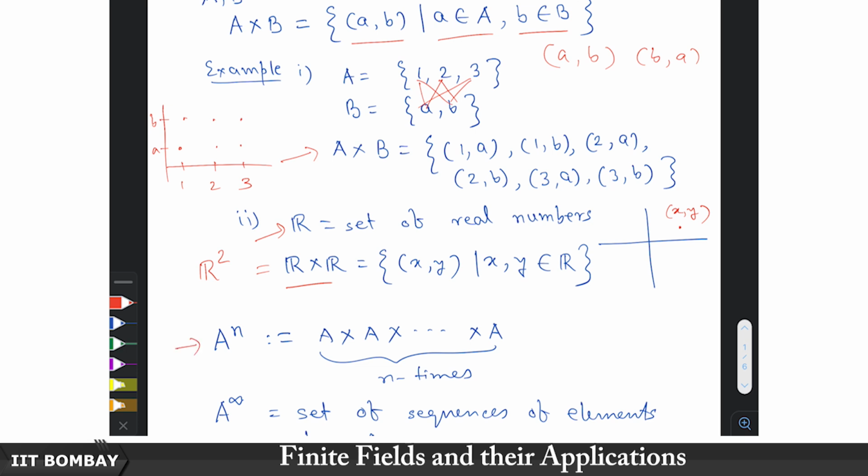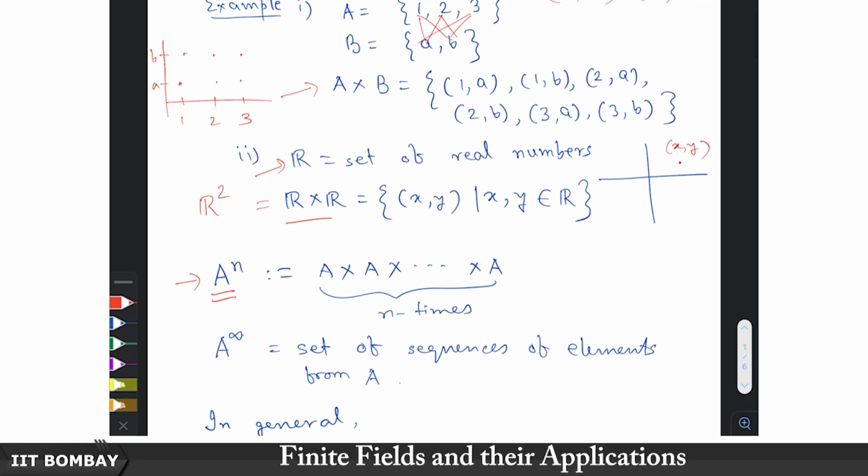In this particular case the sets are the same, A cross A cross A cross A, but even for different sets A cross B cross C cross D etc. can be defined, where the n-tuple will have elements coming from the respective sets. For example, R3 is the standard 3-dimensional space where each point is represented by 3 real numbers. It is an ordered triple of real numbers.